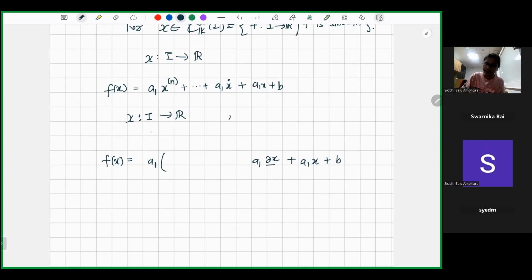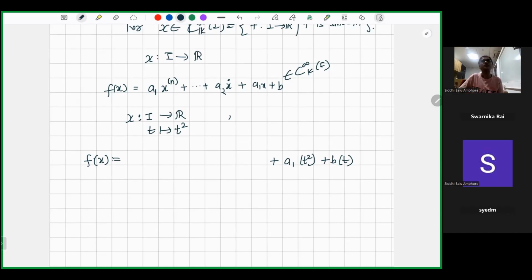If I take t going to t square, then f of x is actually B as it is, B of t. This is a1 of t square because B is in C infinity. Plus here it is a2, and this is an, it does not matter.